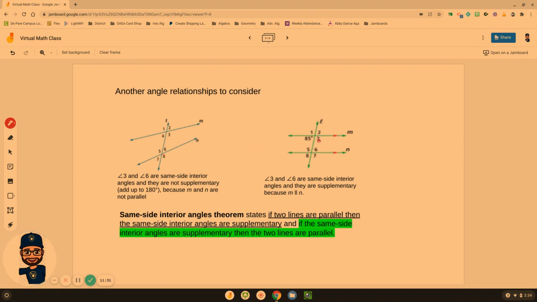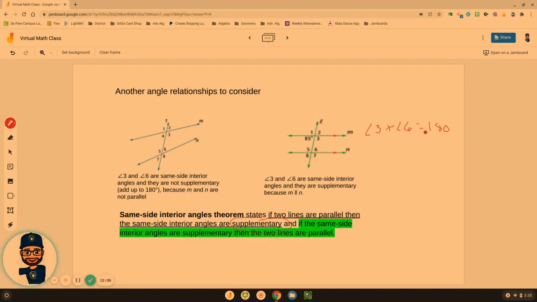What the theorem says is that if the two lines are parallel, then angle 3 plus angle 6 have to be supplementary, or if I add them together, they have to total 180 degrees. And the other way works. If I know that angle 3 plus angle 6 is 180, then we can conclude the lines are parallel.